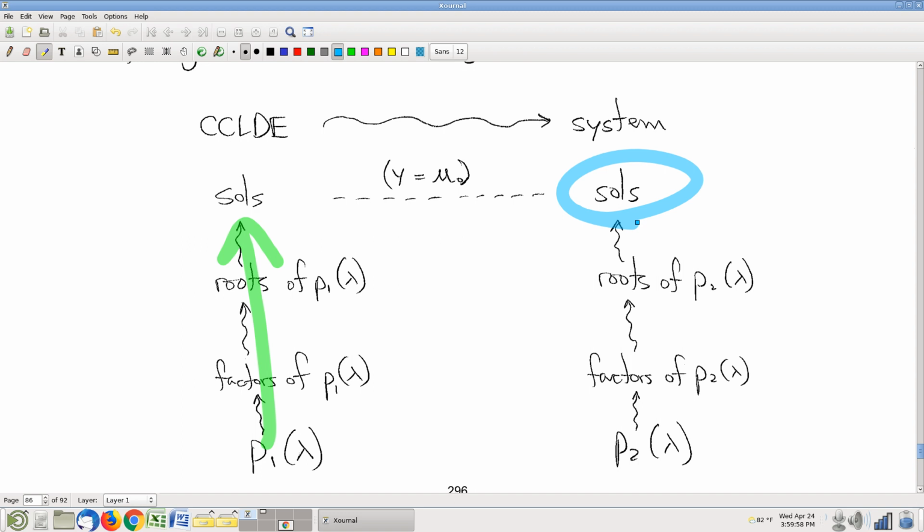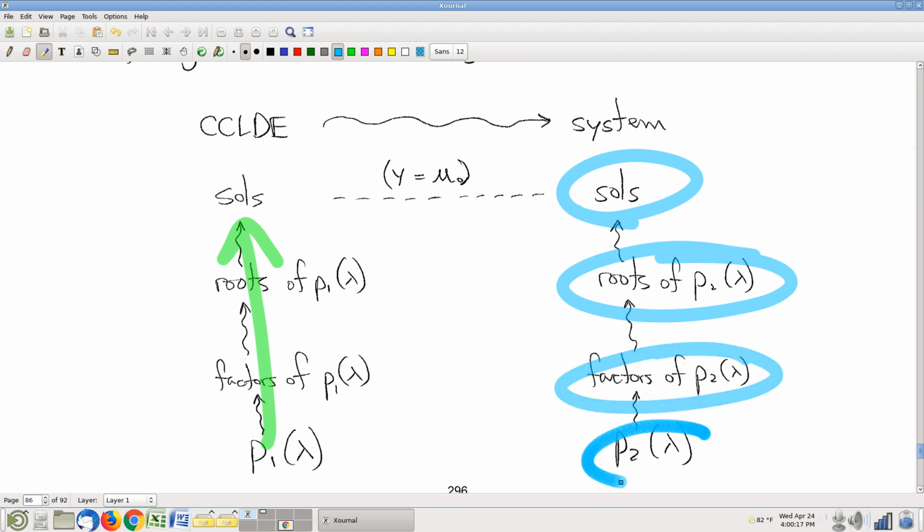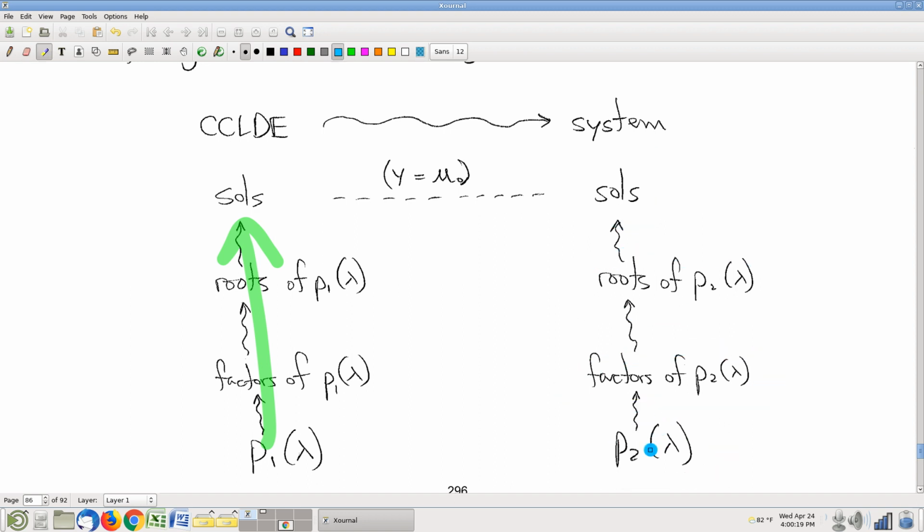Sometimes diagonalization as a special case, but in general, the Jordanization is all about the eigenvalues and the resulting, pick the appropriate basis. But so the solutions come from the eigenvalues. The eigenvalues are the roots of the characteristic polynomials. Roots come from factors. Factors come from the polynomial. So it's the same thing. So why is it that these two polynomials are the same?